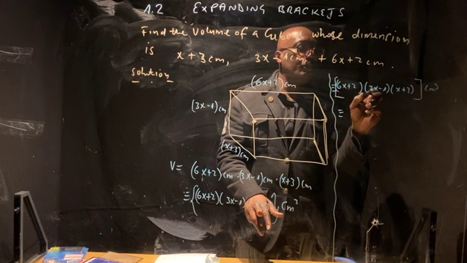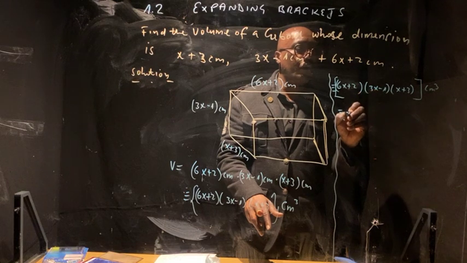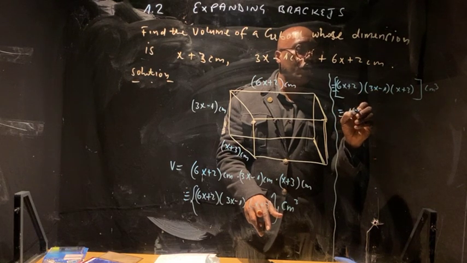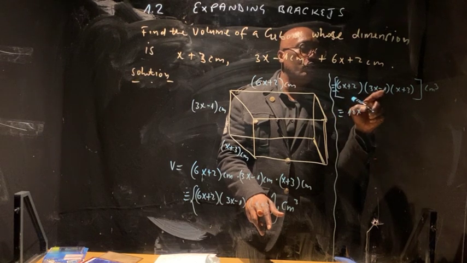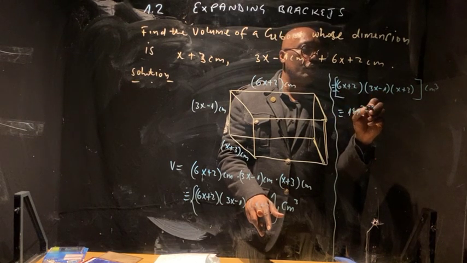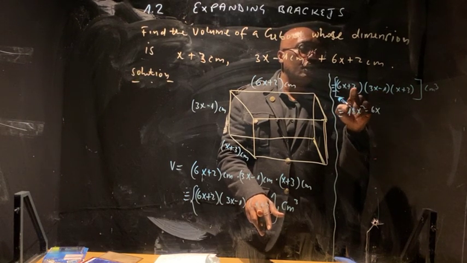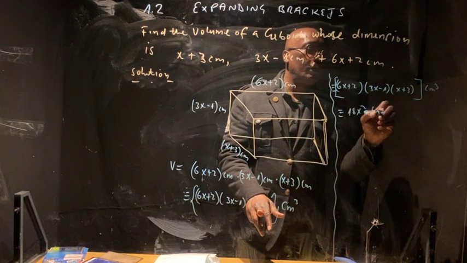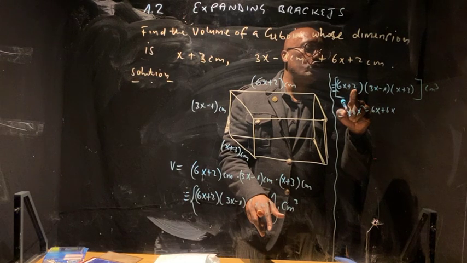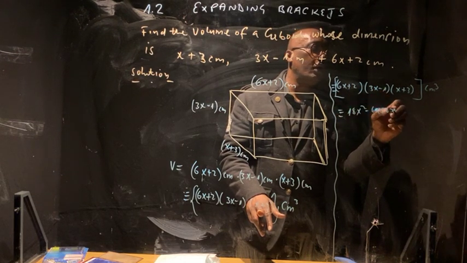6x multiplied to 3x, we have 18x squared. 6x multiplied to 1, we have minus 6x. 2 multiplied to 3x, we have plus 6x. 2 multiplied to minus 1, we have minus 2.